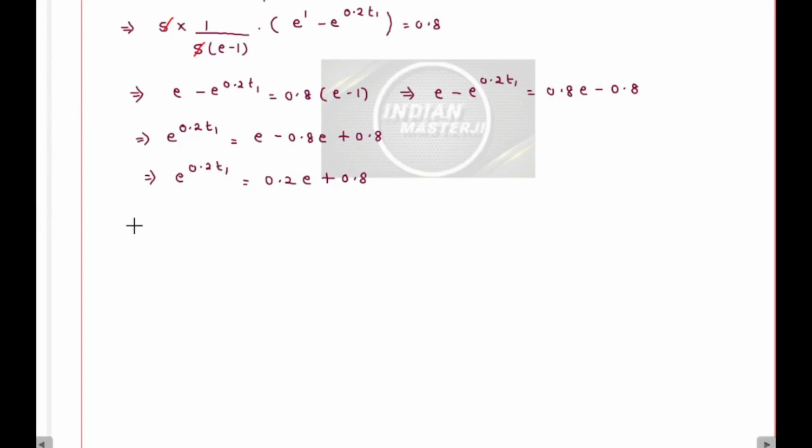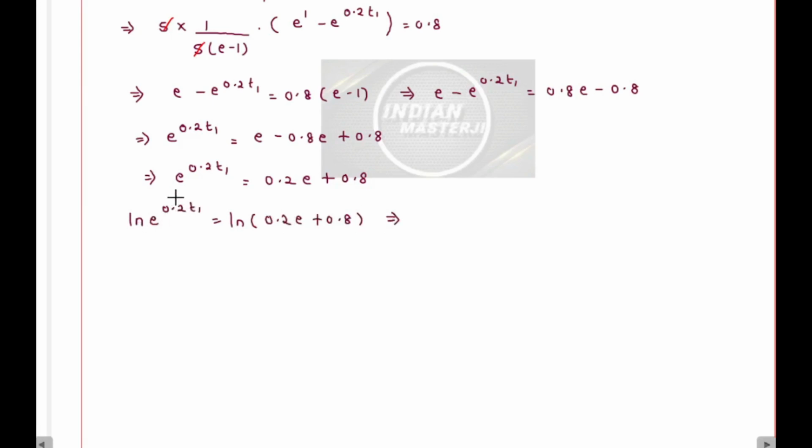Now I want to find out t1. So how do I find out t1? Because this is an exponential function here, I'll try to take natural logs on both the sides. So if I apply natural logs on both the sides, what I'll get? ln of e raised to 0.2 t1 is equal to ln of 0.2e plus 0.8, ln of this whole thing. So from this what I'll get?